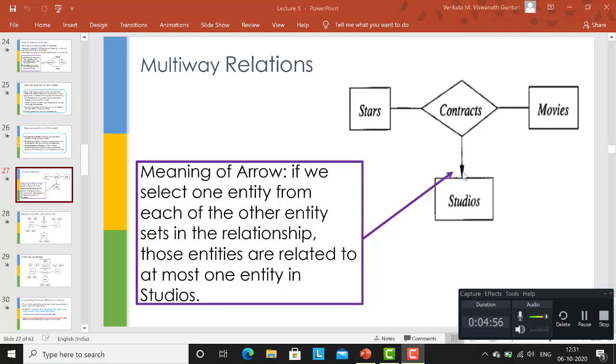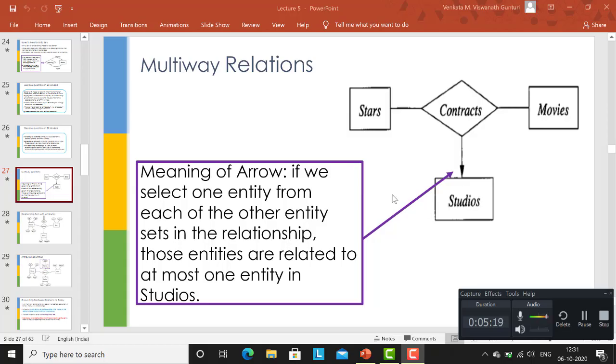So the way to interpret this is that if I pick a pair of a star name and a movie name, I can uniquely identify the studio in which the contract is sitting, right?